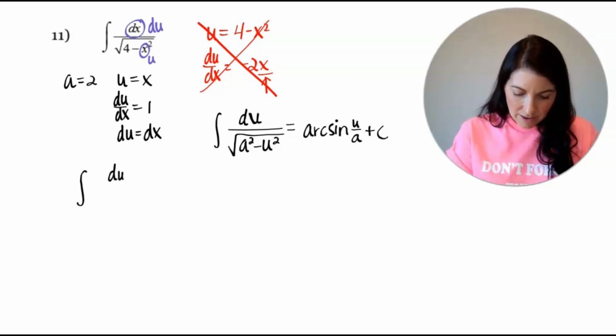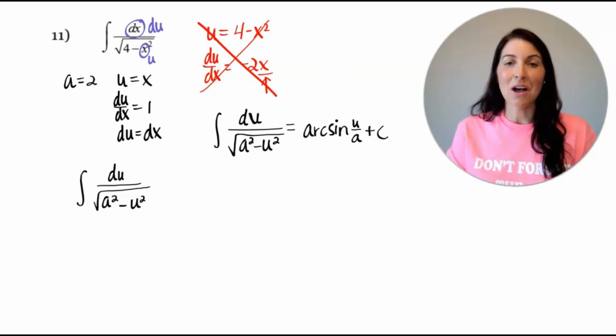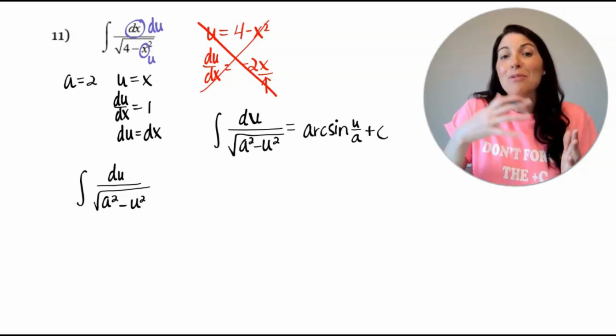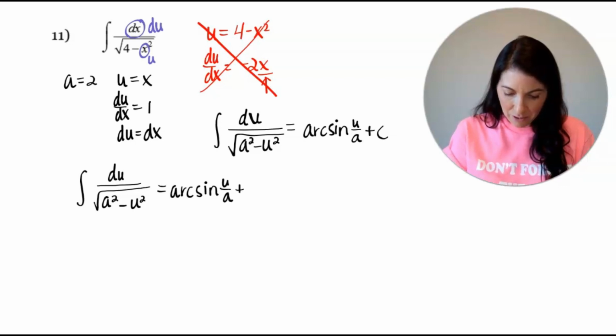So I could rewrite this problem as du over the square root of a squared minus u squared. And that's exactly what the pattern is if you're finding an integral that produces an arc sine function. So this would produce, as I wrote over there on the right already, arc sine of u over a plus c.